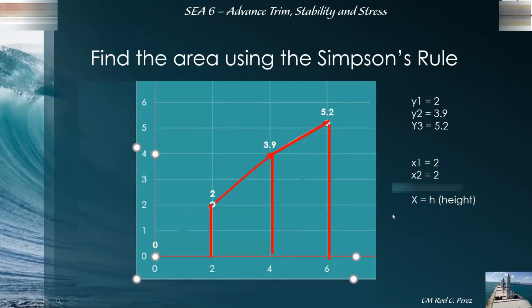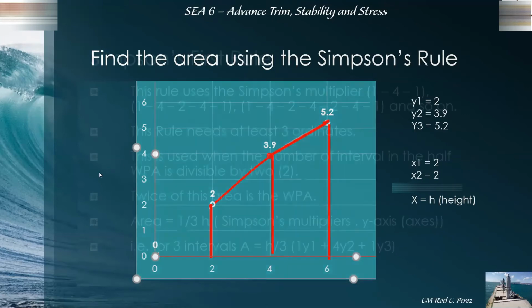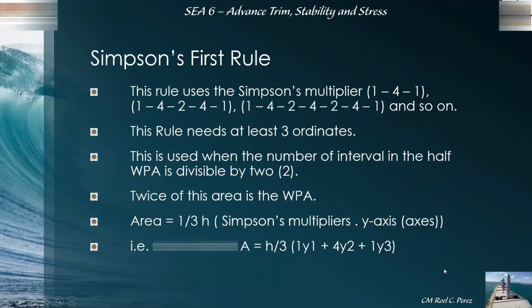I'll give you a few minutes. Okay, we will go back to the formula. So if you have 5 intervals, what happens? Is it divisible by 5? No, it is still 3.